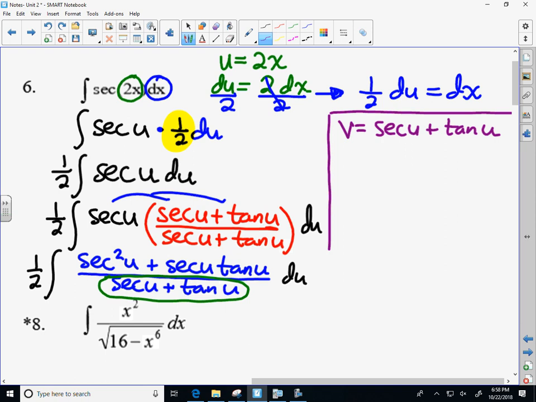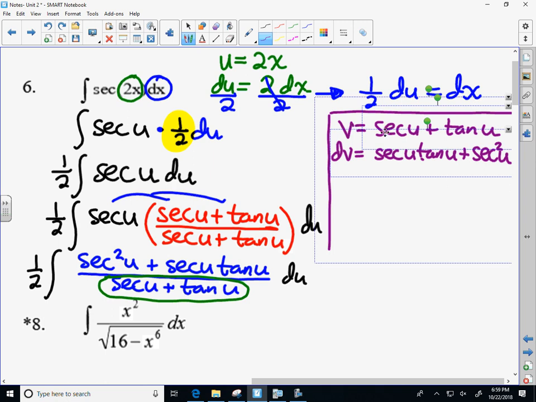And then I'm going to take the derivative of this. The derivative of secant u, secant u tangent u. The derivative of tangent u, secant squared u. And then I just need the du. So let me just shrink this down a little bit. Squeeze it in. I just want the dv for crying out loud.